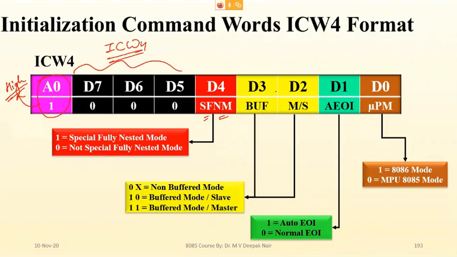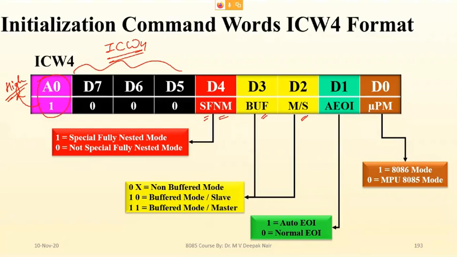Now there are 2 bits which are used generally together. One is BUF and the other is M/S. In the last slide, we talked about this particular bit, whether it is master or slave, master mode or slave mode. In which mode is the device connected?